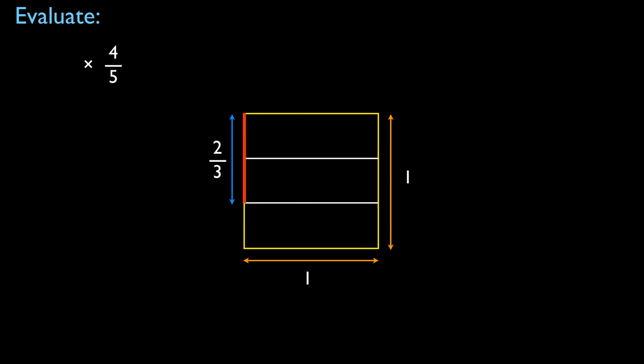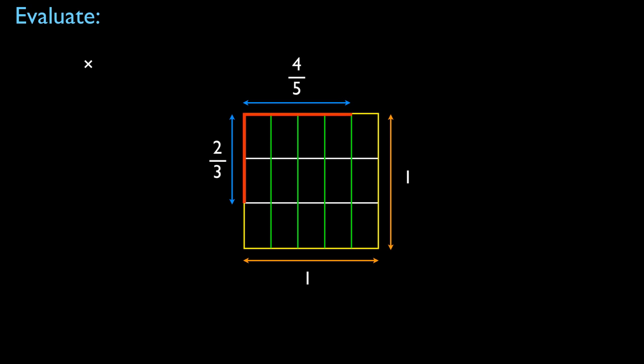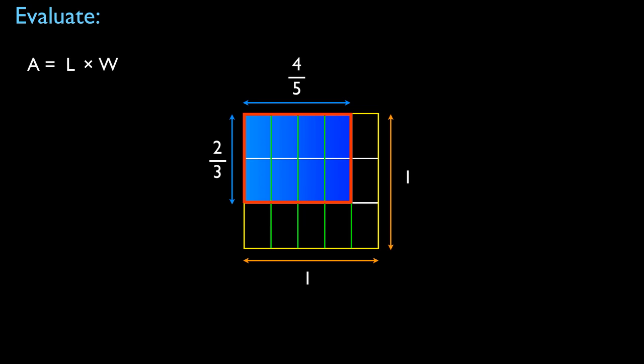And similarly, I'm going to divide it vertically into 5 equal rectangles, or 5 sections, of which I'll shade one edge that is 4/5 in length. And those 2 dimensions define a rectangle that is 2/3 of a unit by 4/5 of a unit. Now the area of that rectangle is length times width. Well, if we look at the shaded blue region of the overall square, there are 8 shaded little rectangles out of a total of 15 rectangles in that square.